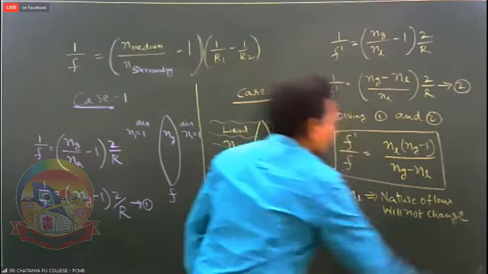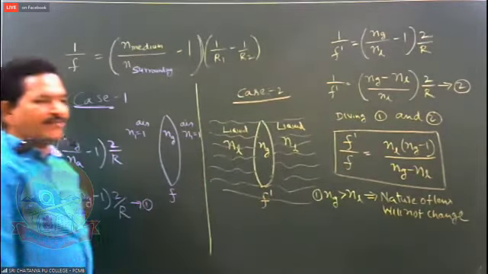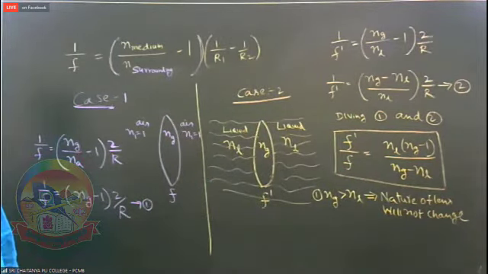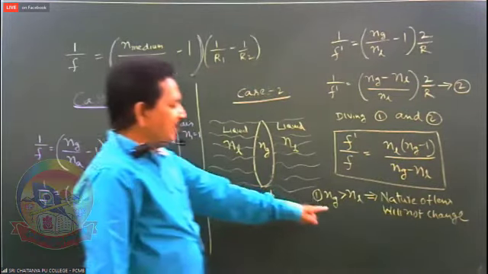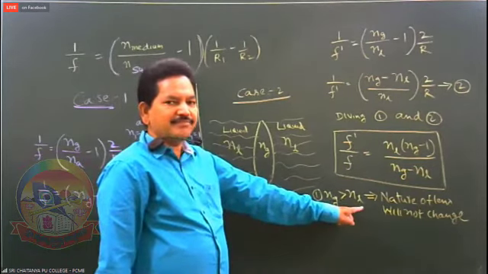The convex lens behaves as convex, and the concave lens behaves as concave. The nature of the lens will not change when Ng is greater than NL.